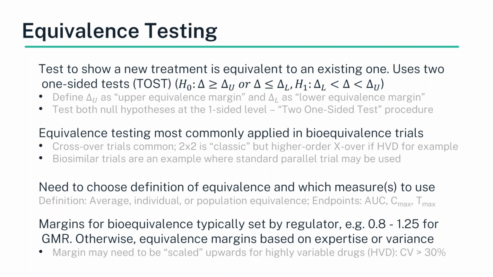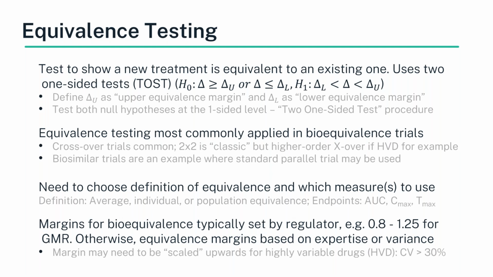In the classic 2x2 case, there are two treatments, two periods, and the patient would either go A, B, or B, A with a washout period in between. There are also higher order crossover designs that allow for more treatments, periods and different sequences, but these are typically used for highly variable drugs, for example.